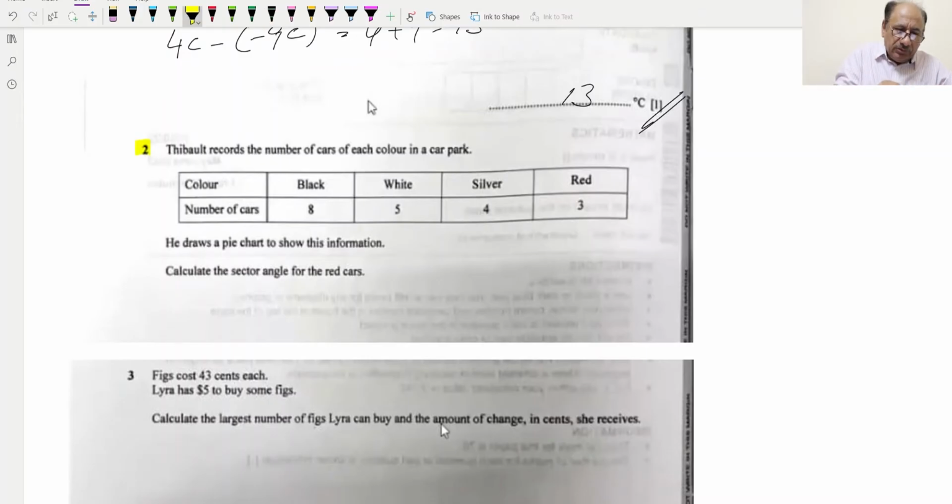Question number 2 says Thibault records the number of cars of each color in a car park. These are the colors: black, white, silver and red, and the number of cars are also provided: 8, 5, 4 and 3. He draws a pie chart to show this information. Calculate the sector angle of the red cars.